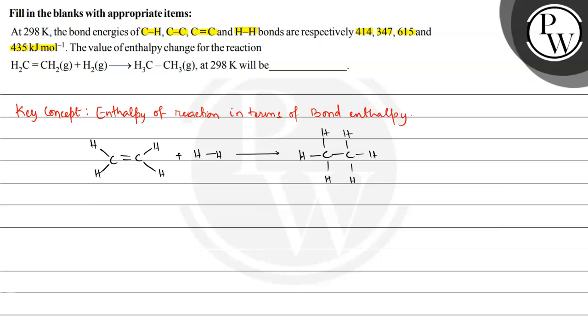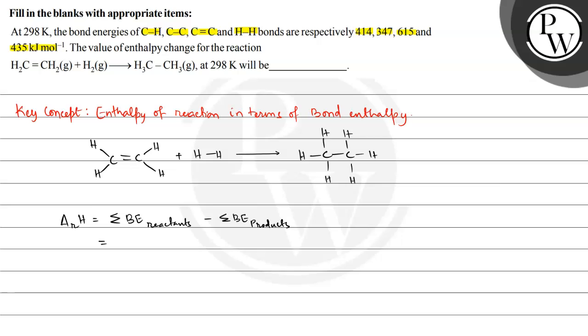So we know that enthalpy of reaction is equal to sum of bond enthalpy of reactants minus sum of bond enthalpy of products. Reactants are one C=C, four C-H and one H-H.